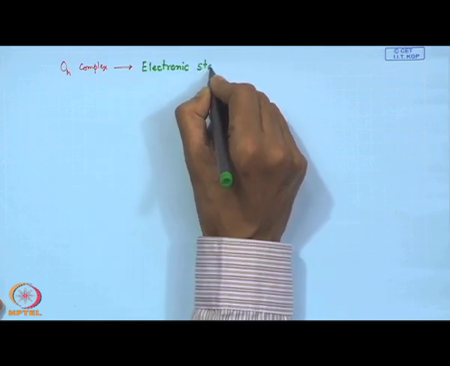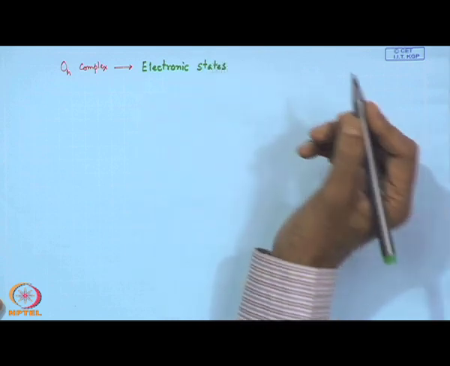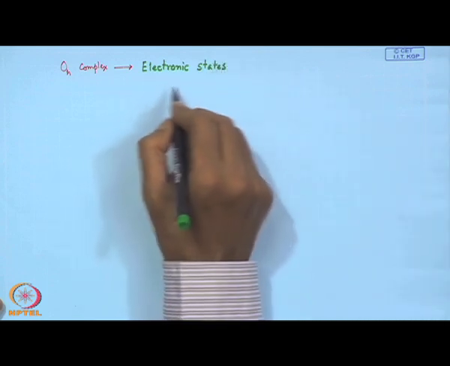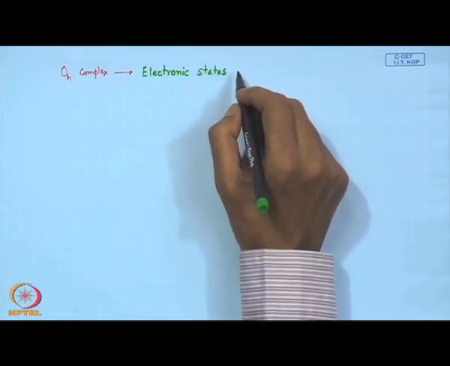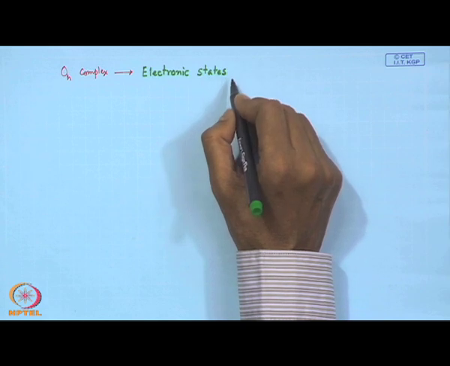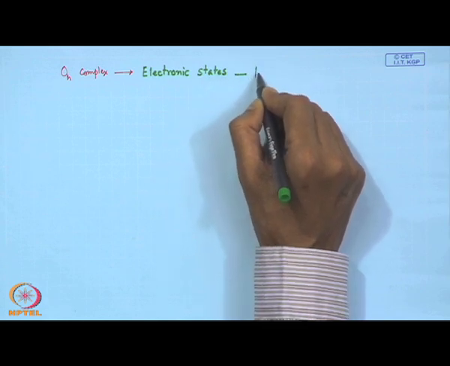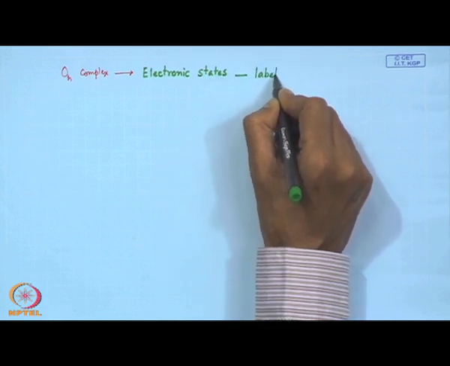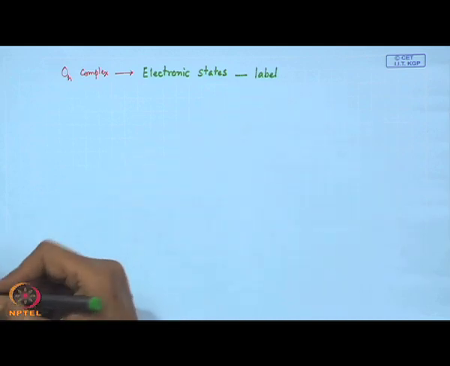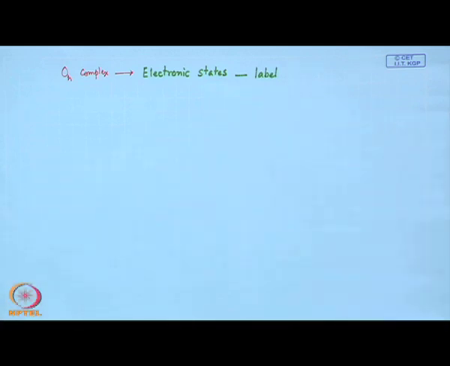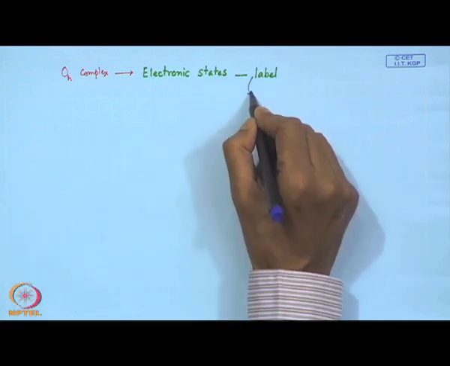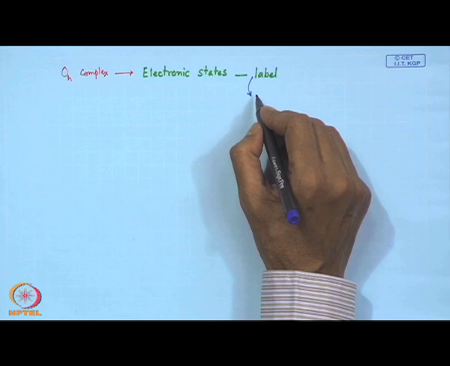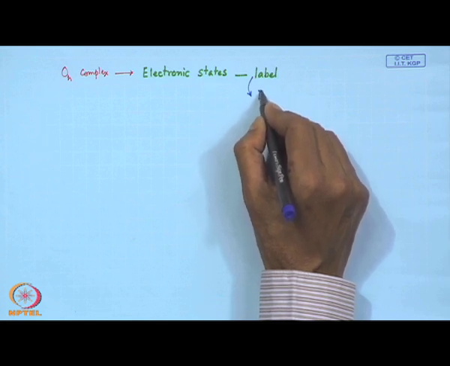Since it is a multi-electronic configuration, we have more of these electronic states, and we have the corresponding level for those electronic states. In group theoretical terminology, these levels are nothing but their corresponding irreducible representations.